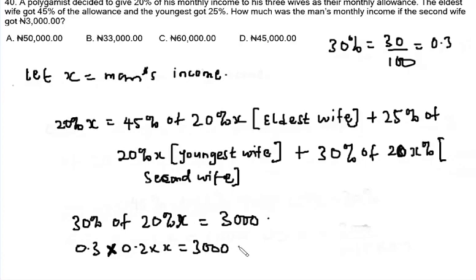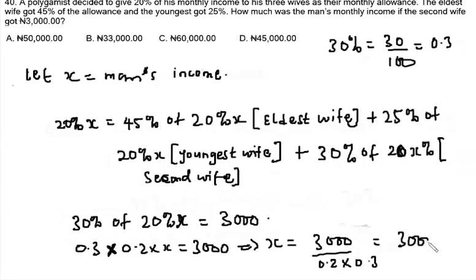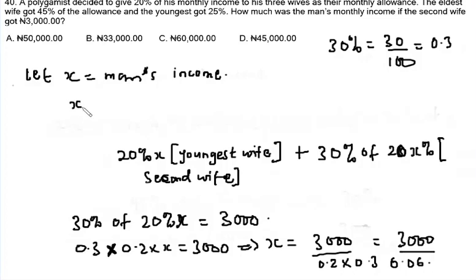So that implies that x is equal to 3,000 divided by 0.2 times 0.3. This is 3,000 divided by 0.06, and 3,000 divided by 0.06 is equal to 50,000 naira. So the man's income is 50,000 naira, and the option that correlates with that is option A.